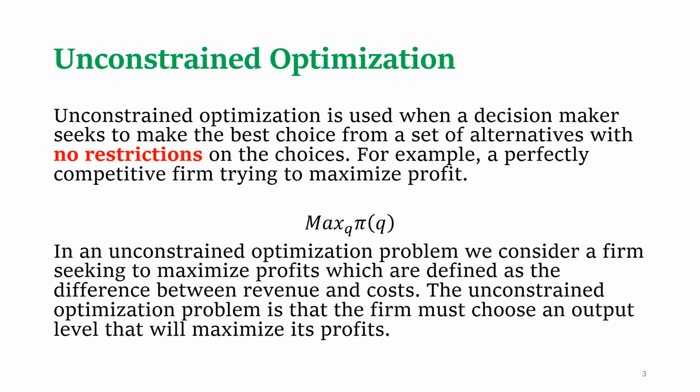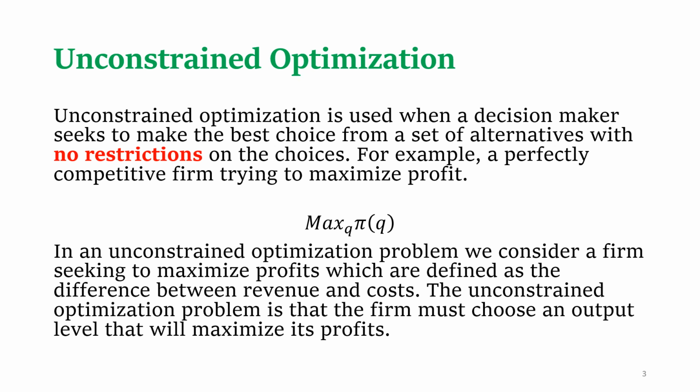For instance, a perfectly competitive firm trying to maximize profits. So in an unconstrained optimization problem, we consider a firm seeking to maximize profit, which is defined as the difference between revenue and cost. The unconstrained optimization problem is that the firm must choose an output level that will maximize its profits. So there are no restrictions here, no constraints.